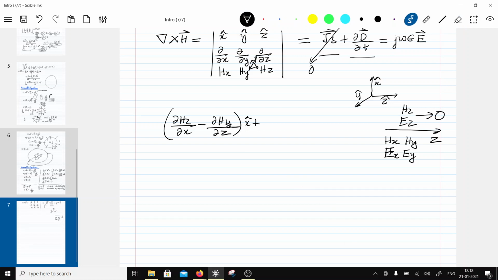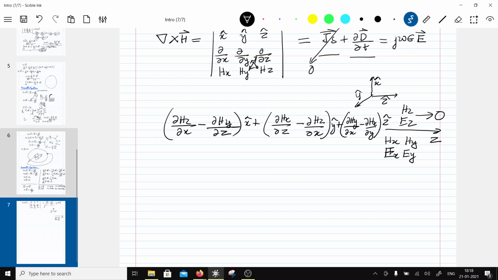Then the y term is going to be, because of the cofactor being minus, minus of this cross term, dou Hz by dou x minus dou Hx by dou z, times y, plus there will be another term here which will be dou Hy by dou x minus dou Hx by dou y times z.